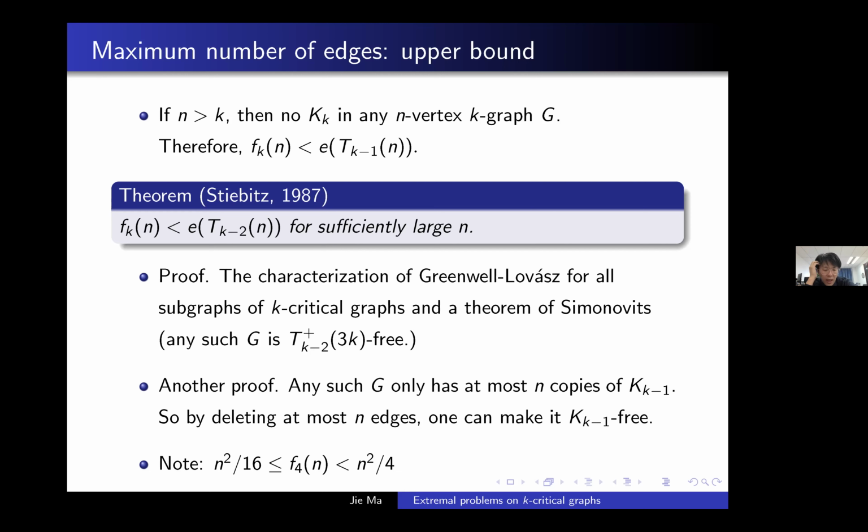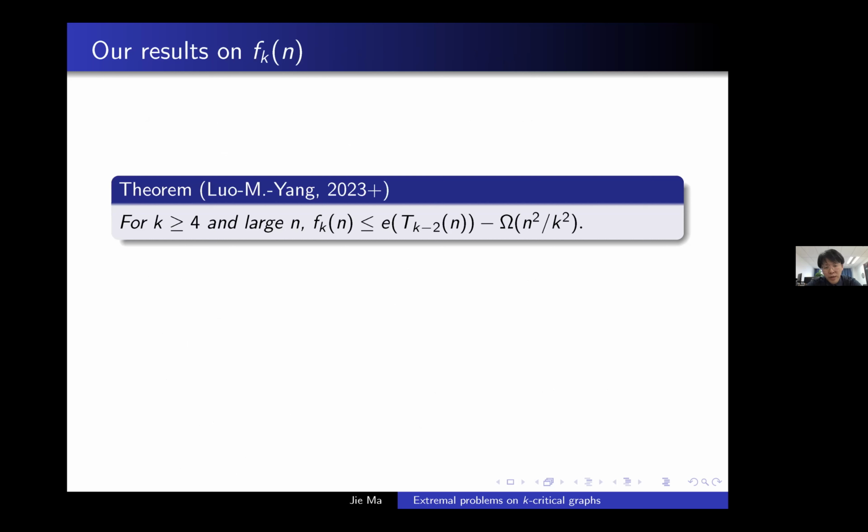So I find this problem ridiculous. There must be something that can be done. That's why we study this. It turns out we are able to improve the Stibitz result by a little bit.